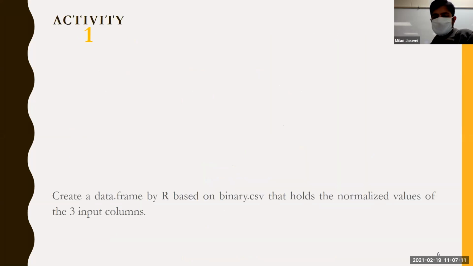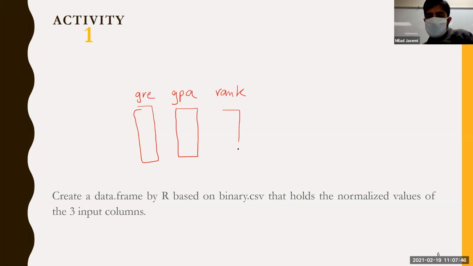Let's do an activity to try all these things. Create a data frame in R based on binary.csv that holds the normalized values of the 3 input columns. Remember, my friends, we had GRE, GPA, and also rank. These 3 things are the inputs. Now it asks you to normalize all the associated columns.